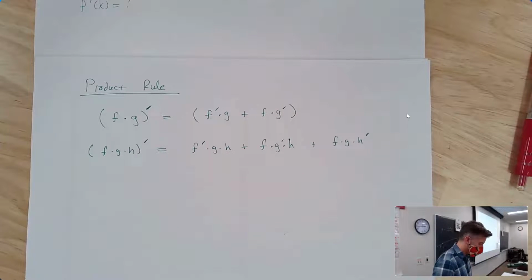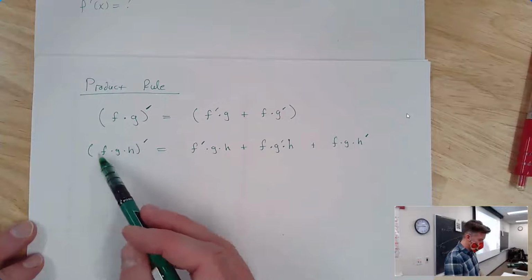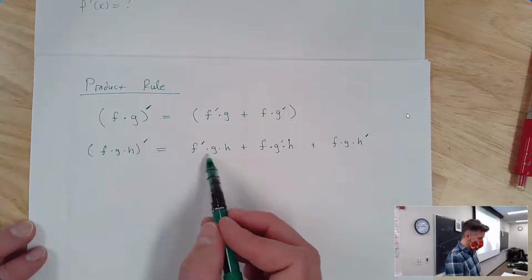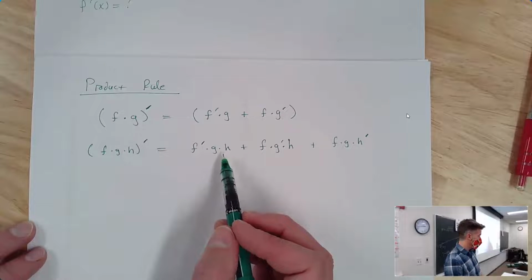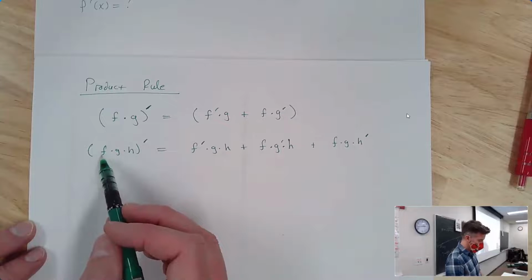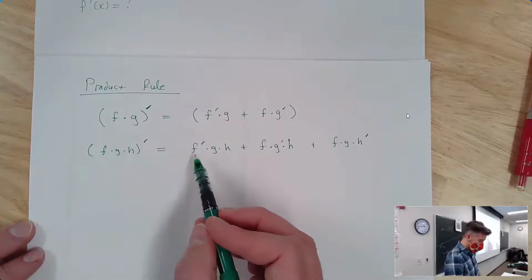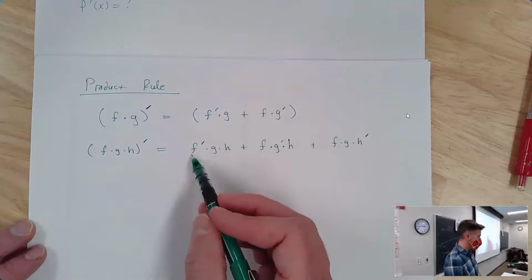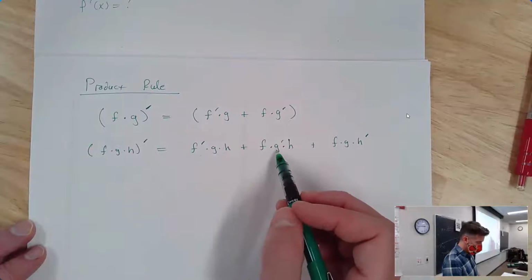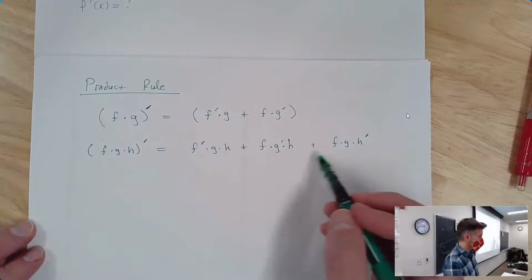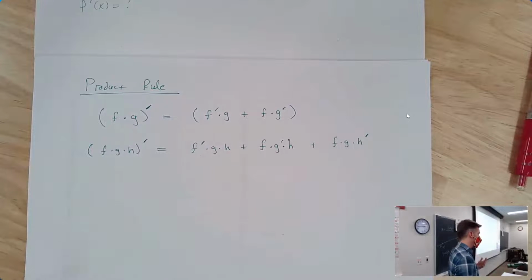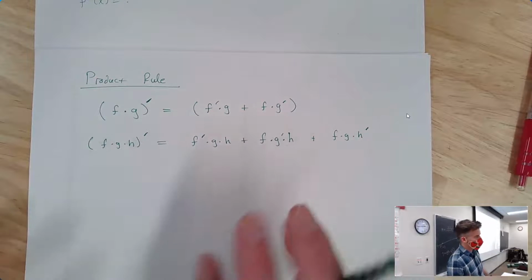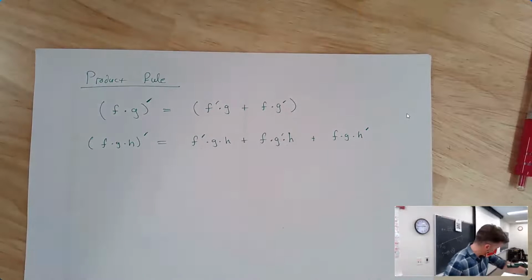And generally, whenever you have a product of many pieces and you're taking the derivative, you always get one derivative and the other not derivatives multiplied together. So I'm taking the derivative of 3 things multiplied together. There's 1, 2, 3 pieces, and each piece has one derivative and the other functions left alone. And each derivative has to show up. So don't worry too much about this, but it's going to come back. So that's why we're saying it now.